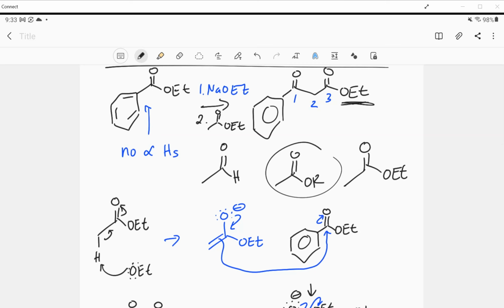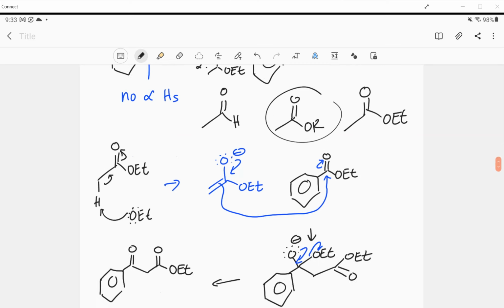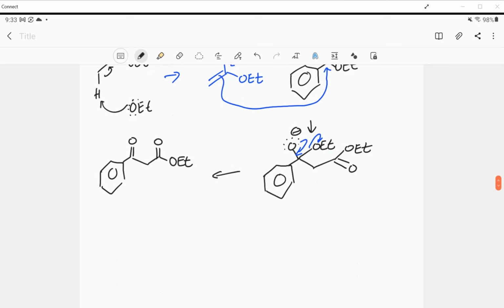Okay. All right, let's take this molecule and do more stuff with it. Okay, so now I want this. So, this is an interesting one.